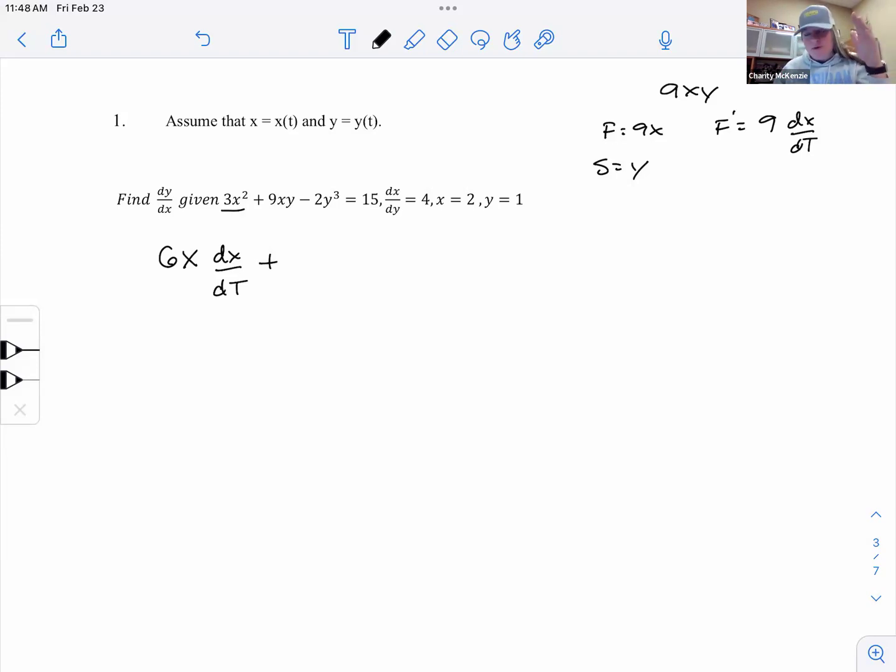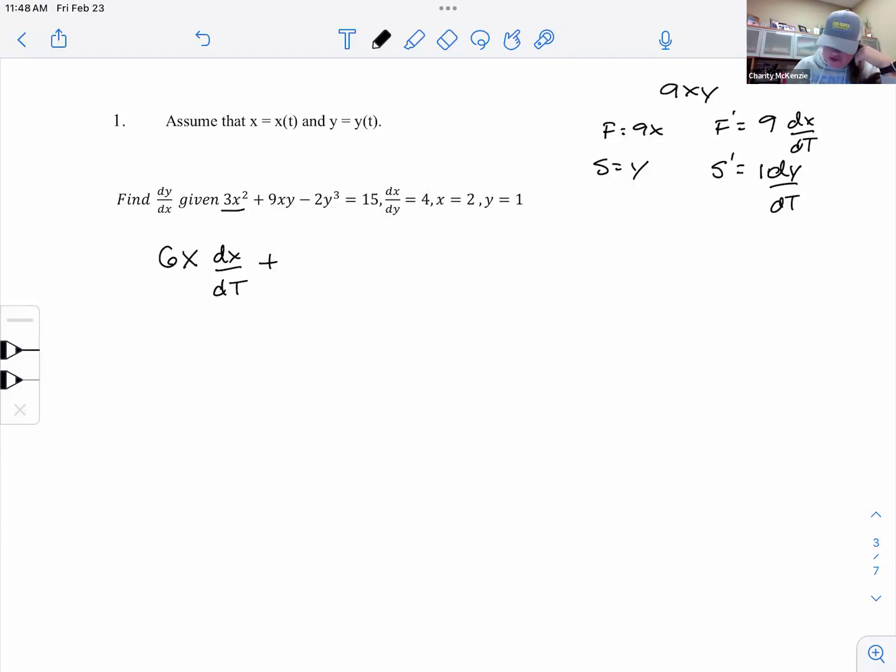The same idea with the y: when I do the derivative of the y, it's 1 dy/dt, because those are different rates. You have a different rate for an x variable versus a y variable. It's just like if your interest rate is going up, is it going up at the same rate as this other thing?